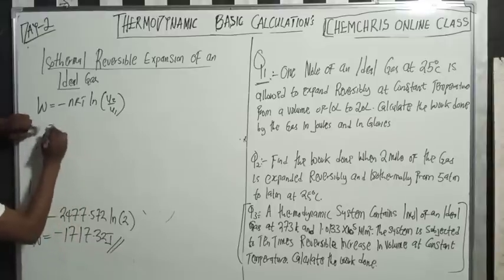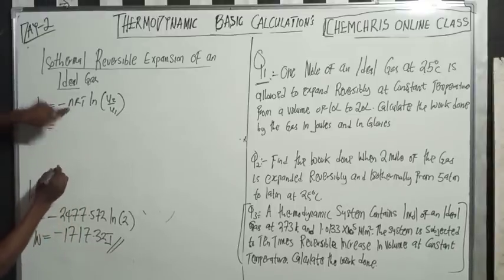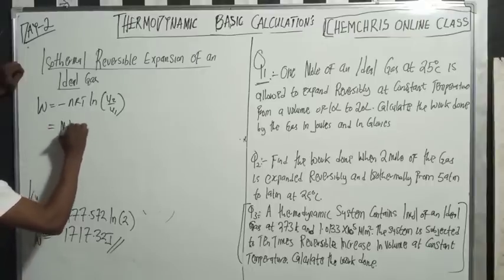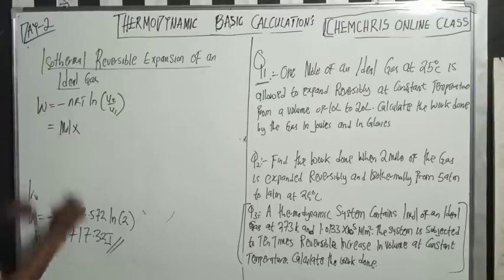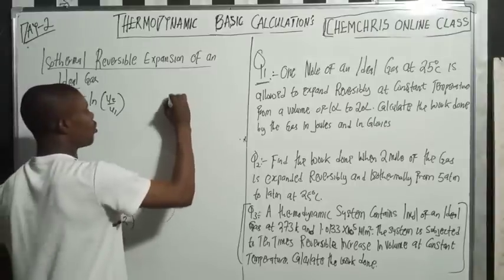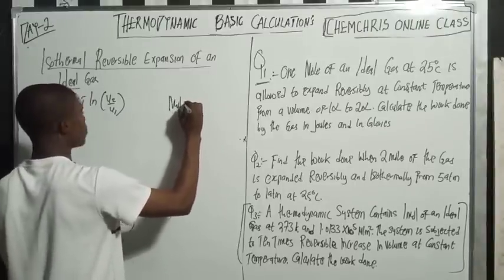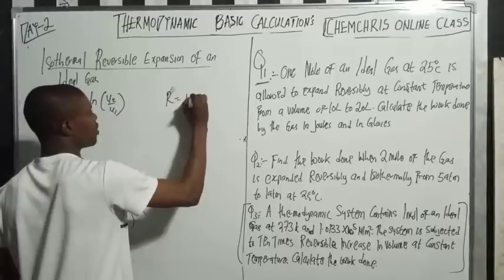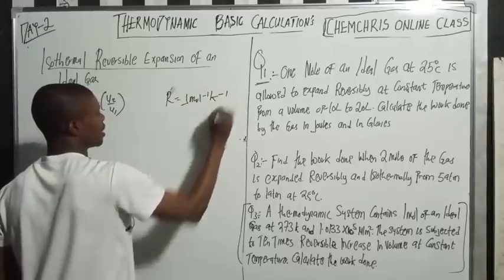So the unit of n is what? Mole. So let me leave the minus sign first. So here we have mole times. Now remember, R is the gas constant, which is what? Joules per mole per Kelvin, right?